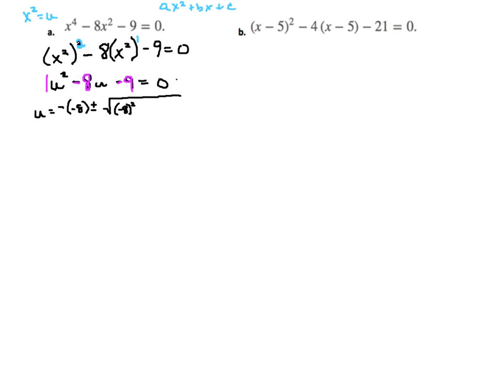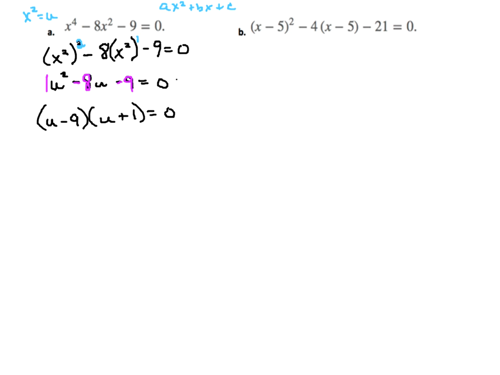Oh, wait a minute. It does factor. That's going to be much quicker. Sorry, my brain's in summer mode. This factors as u minus 9 times u plus 1. Oh, that's so much easier.